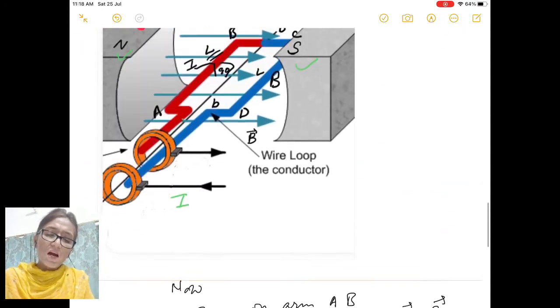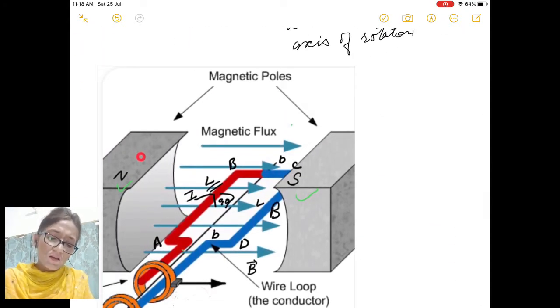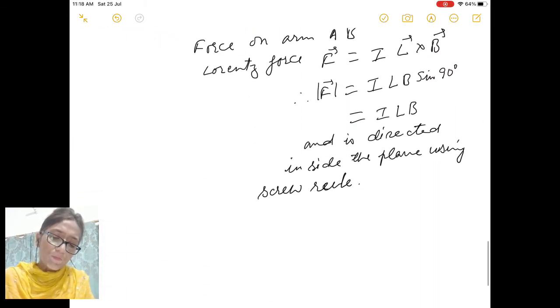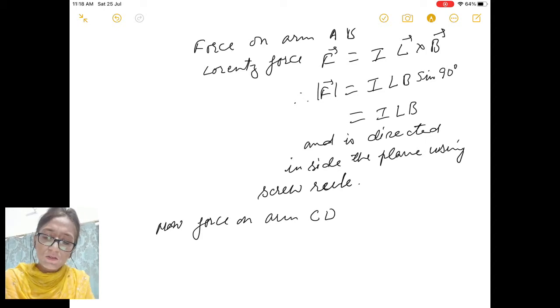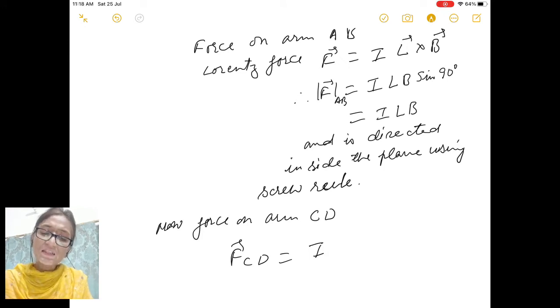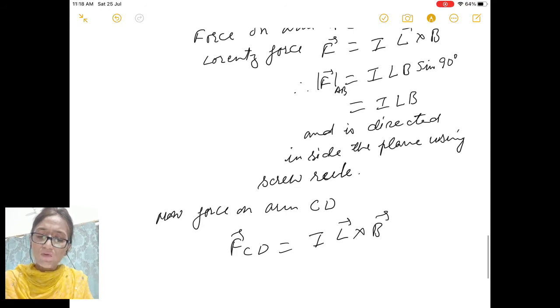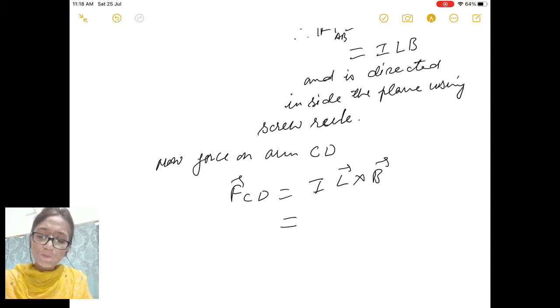Now the force on arm CD. This is your F AB and this is your F CD, which is equal to, again, the same current is flowing, the length is the same and the magnetic field is also the same.